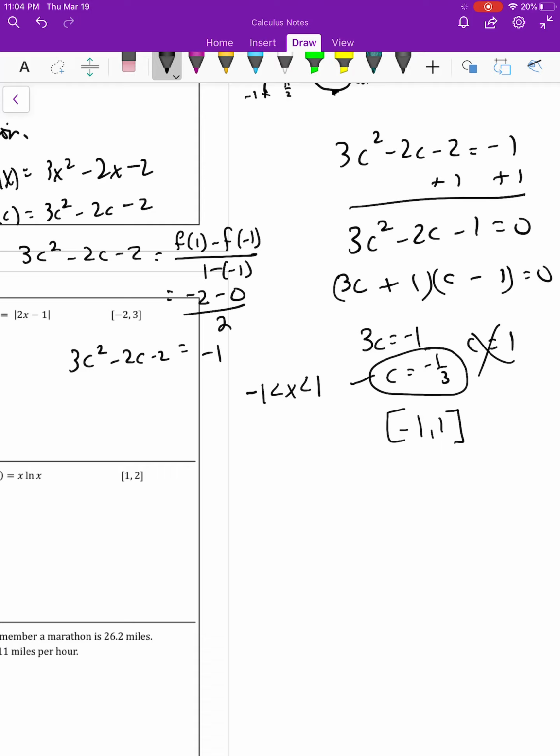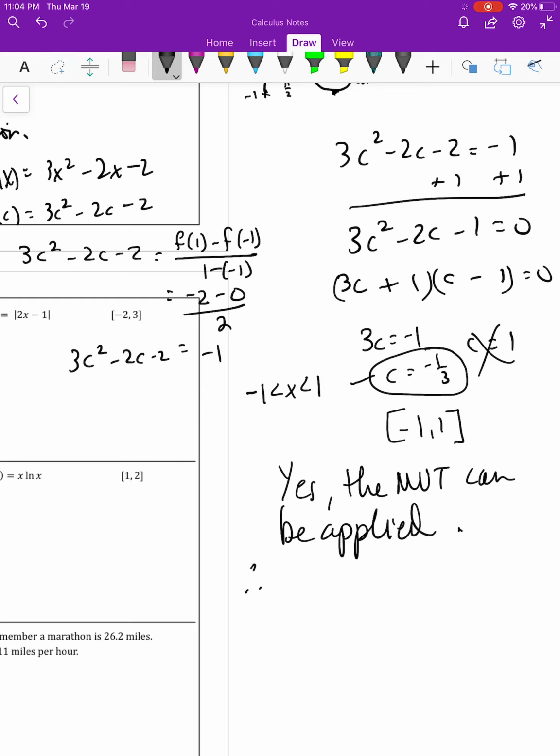And so yes, the mean value theorem can be applied.